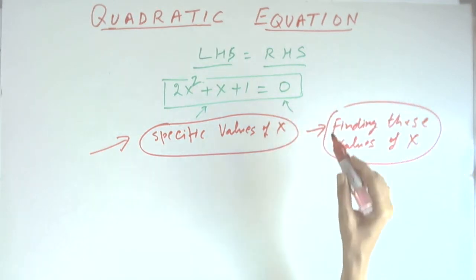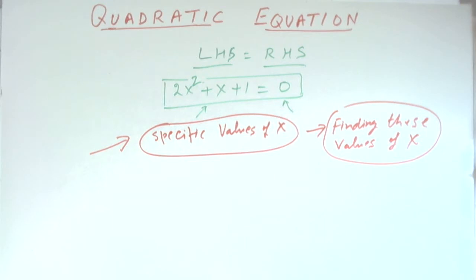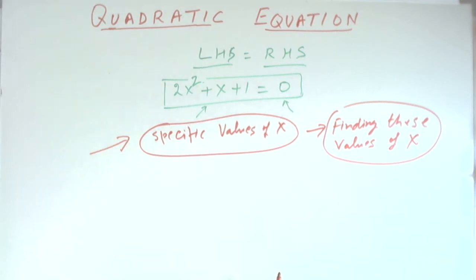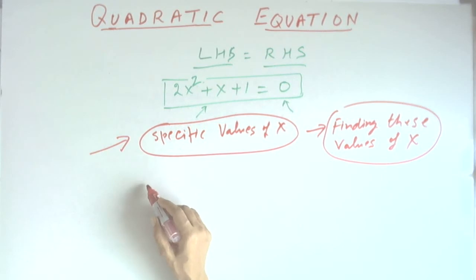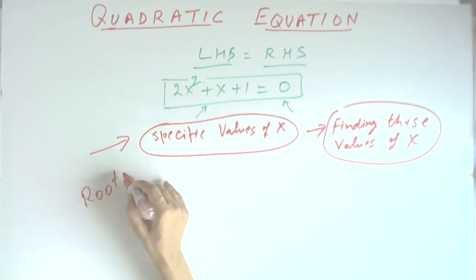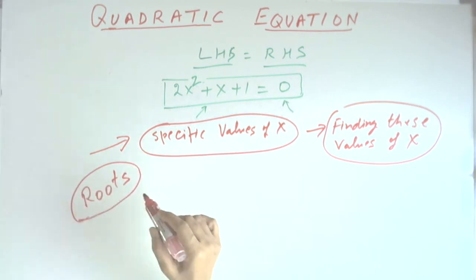So that is what is meant by solving a quadratic equation. That means we need to find for what values of x this relationship of left hand side equal to right hand side holds good. And these are also called roots of the quadratic equation.